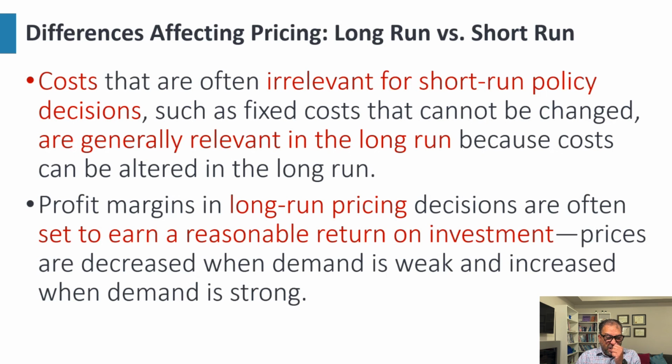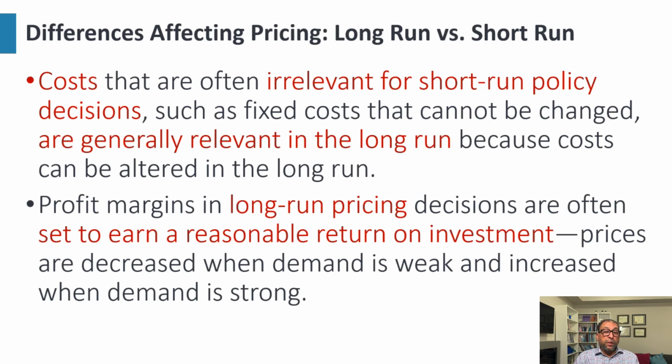And profit margins: in the long run, pricing decisions are often set to earn a reasonable return on investment. In the long run, we try to set the price with this perspective that everyone who is investing in a particular business has a certain amount of return on their capital. They have some figures in their mind, like I want to earn 12%, 10%, 15% returns on my investment.